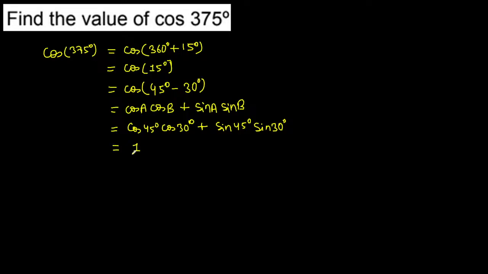Cos 45 is 1 by root 2. Cos 30 is root 3 by 2. Sin 45 is 1 by root 2. Sin 30 is 1 by 2. Overall it is (root 3 plus 1) by 2 root 2.